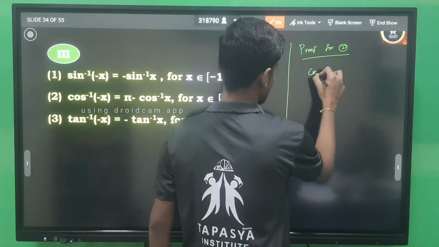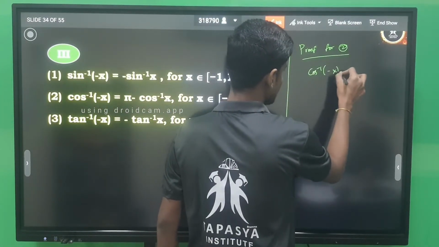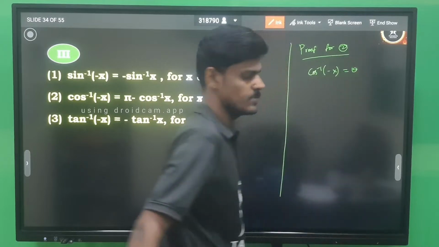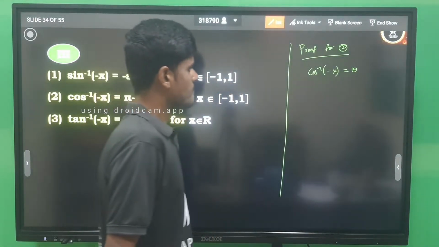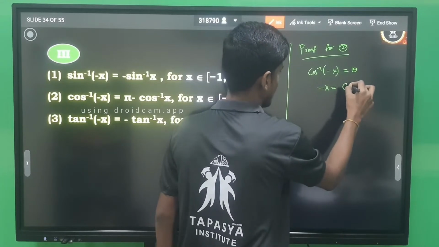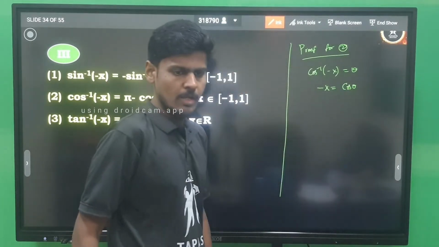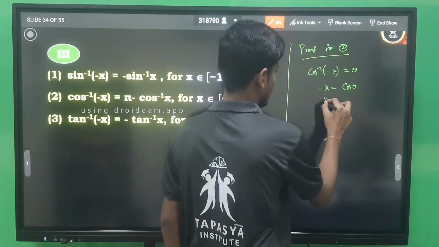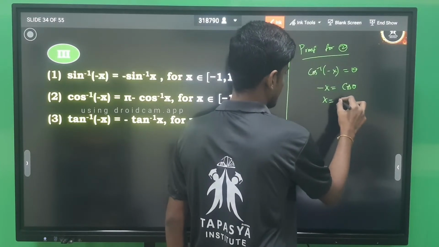So cos inverse of minus x equal to theta. Let this be theta, some angle. Now what is minus x from this? Minus x is cos theta. And what is x? x equal to minus of cos theta.